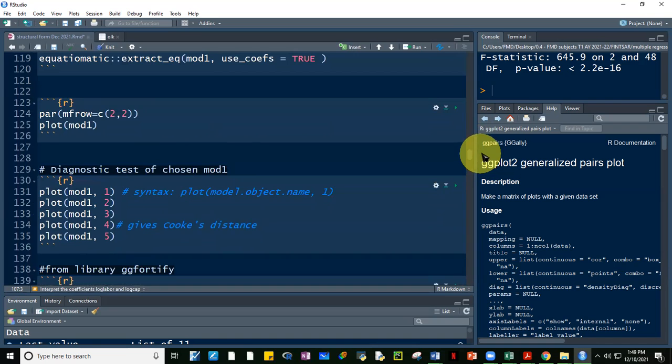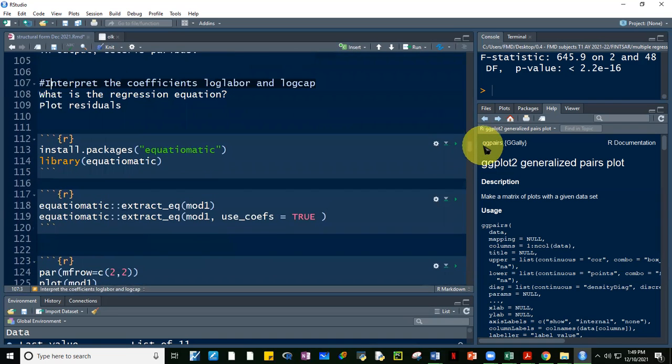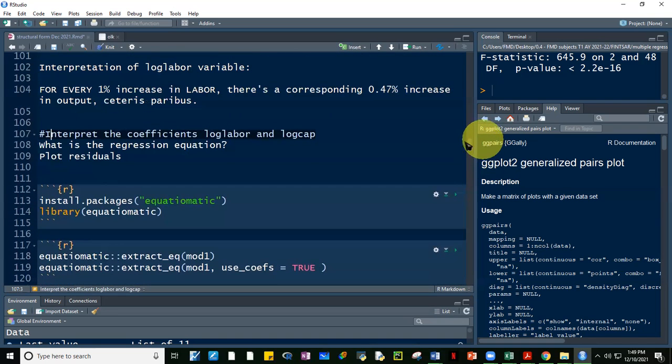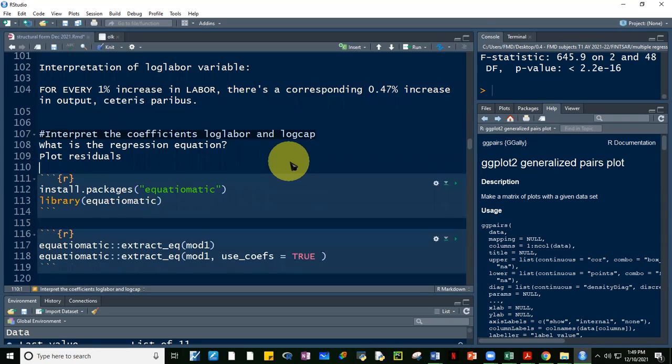Okay, so let's now continue. So that's how you interpret. Now, of course, the model does not stop there. Kailangan i-evaluate natin. So paano natin i-evaluate to? Okay, thank you. All right. So there's a package called Equationmatic.